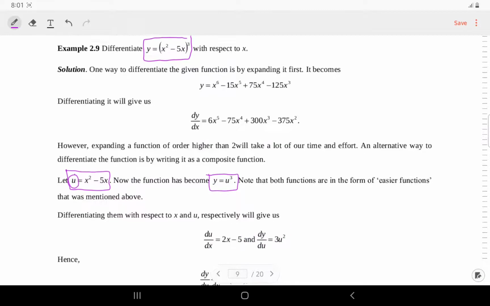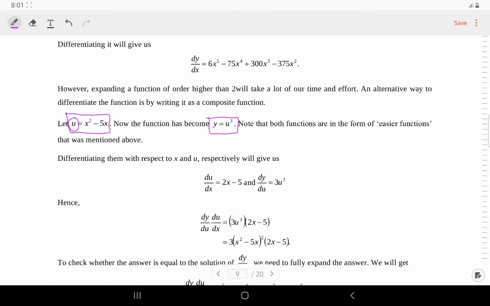So how to perform the chain rule? We multiply these two differentiations. du over dx multiplied with dy over du. Multiply these two differentiations. So dy over du multiplied with du over dx.